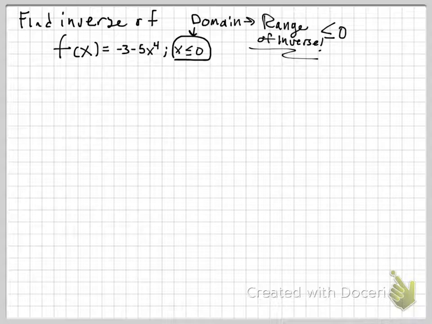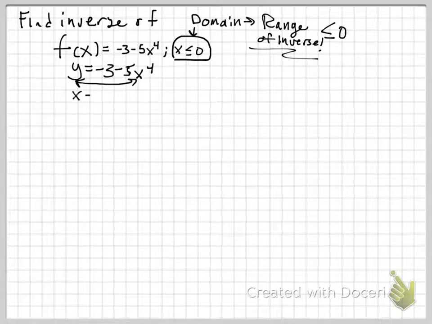So let's find the inverse first by rewriting this as y equals -3 minus 5x. Let's make that a 5x to the fourth. And then we switch the x and the y. So I get x equals -3 minus 5y to the fourth. Now I got to solve for y, right? So the first thing we should do is add 3 to both sides.